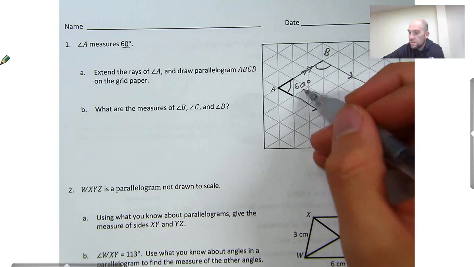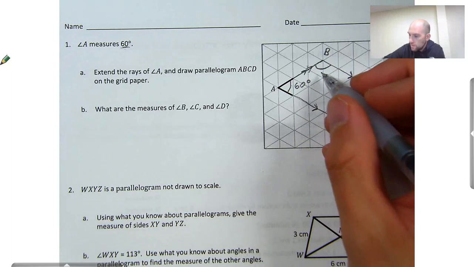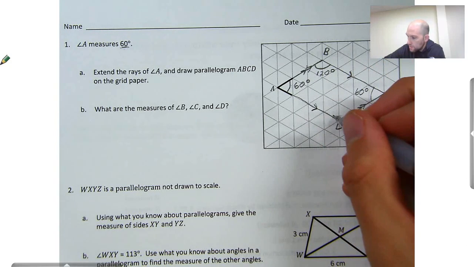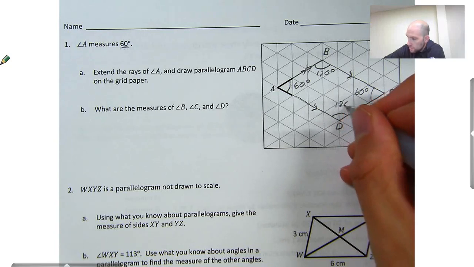So what plus 60 will give us 180? That'll be 120 degrees. And then D is opposite B. That'll also be 120 degrees.